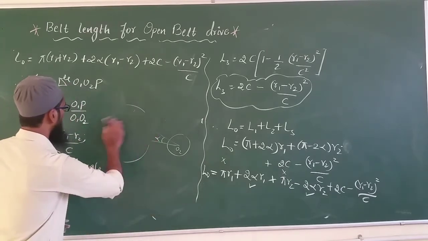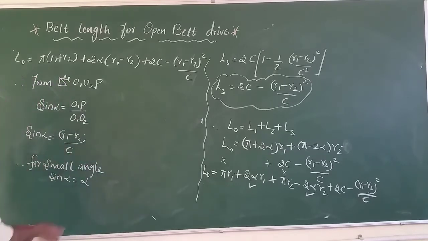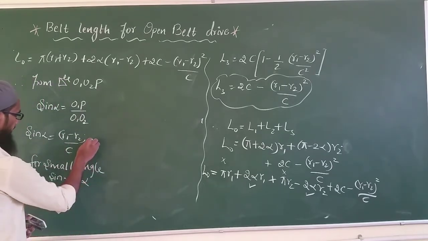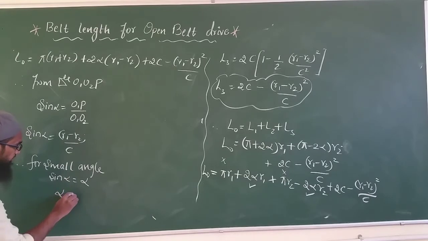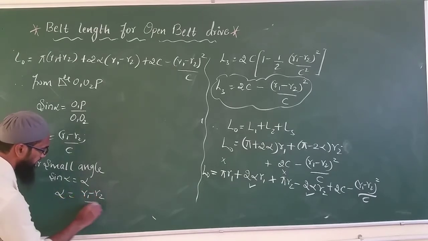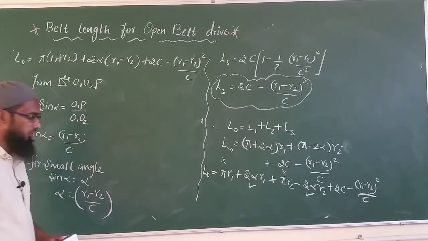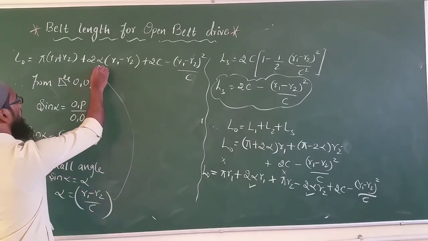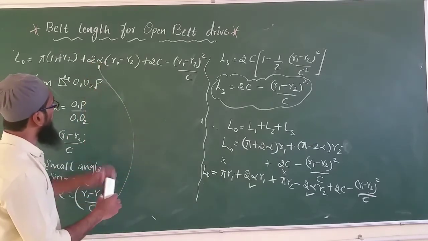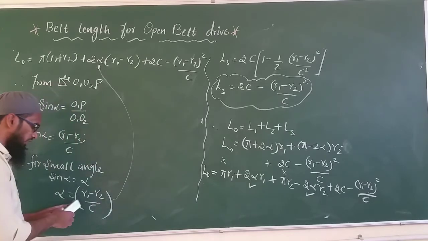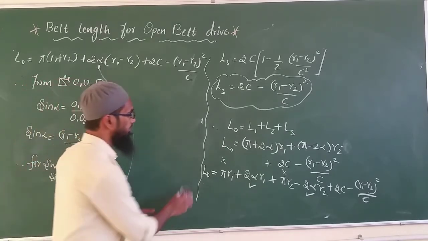Now sine alpha becomes alpha, therefore I can take alpha as nothing but R1 minus R2 by C. Now I will substitute this term for alpha.